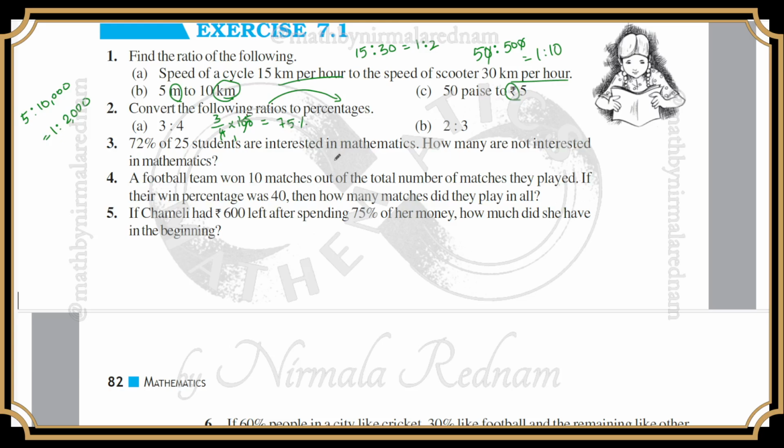So that is my answer. Next, 2 is to 3, 2 by 3 into 100. Now here 3 is not a factor of 200. So you're going to get a fraction, and it's going to be 66 2 by 3%. Right? So this is the second question.